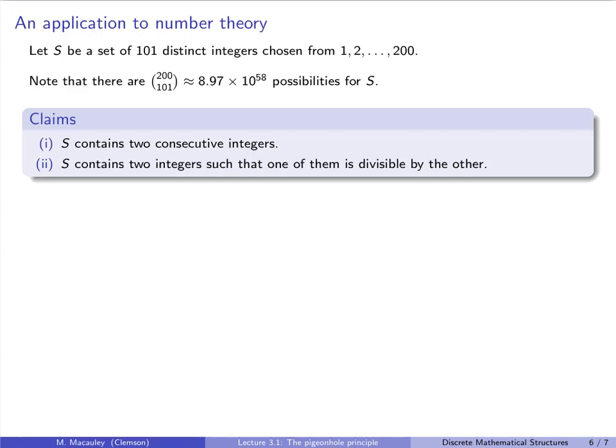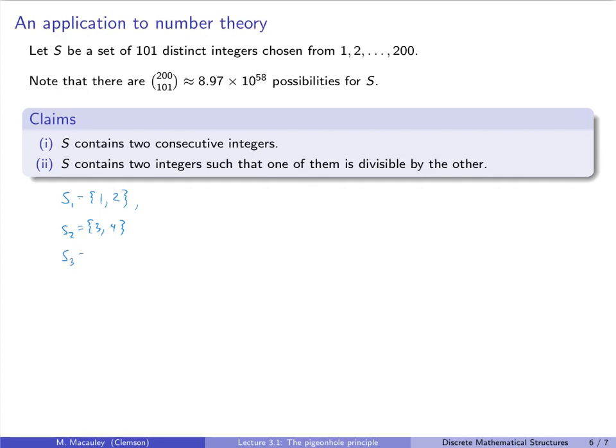Okay, so let's start with the first one. S contains 2 consecutive integers. So again, it's probably something you can convince yourself of just by looking at it, but let's formalize it. So I'm going to define 100 sets. I'm going to say S1 is the set containing 1 and 2. S2 is the set containing 3 and 4.